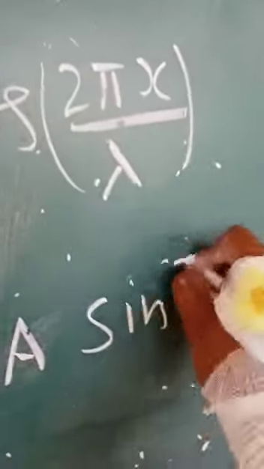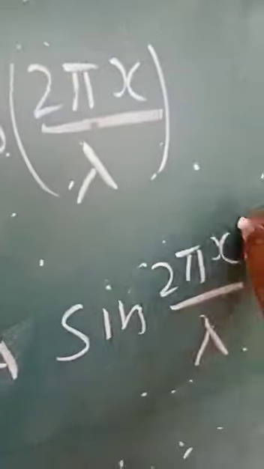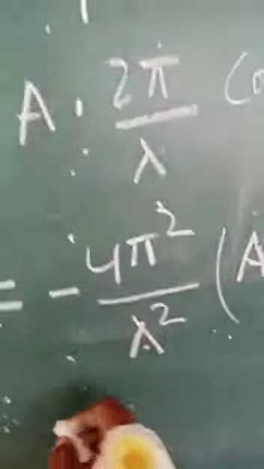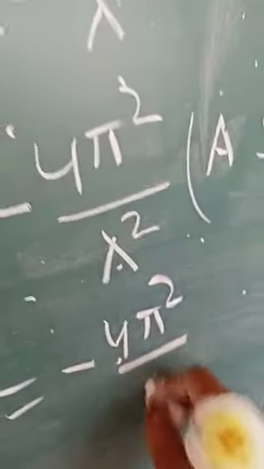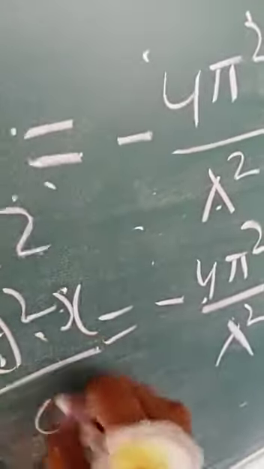So this becomes A sin 2 pi x by lambda, which is the value of psi. So this is equal to minus 4 pi square upon lambda square psi. This is the value of d square psi upon dx square. This is equation second.